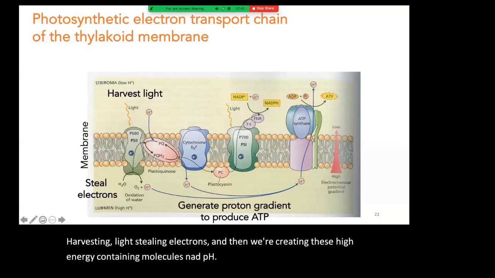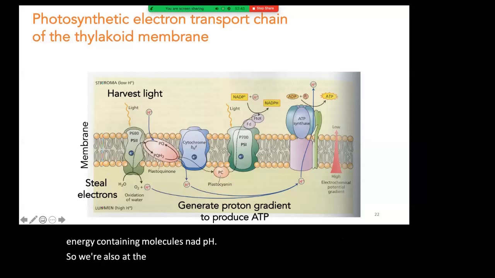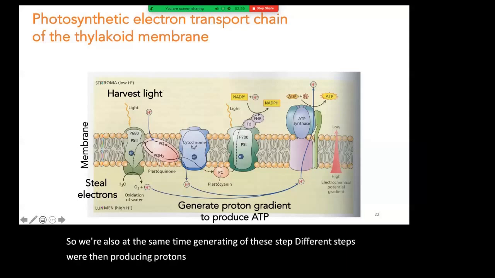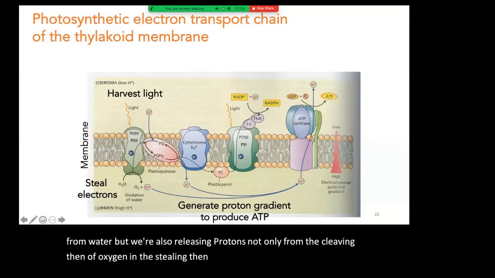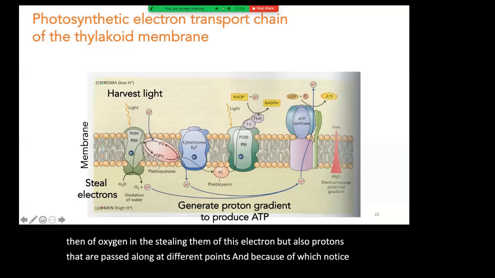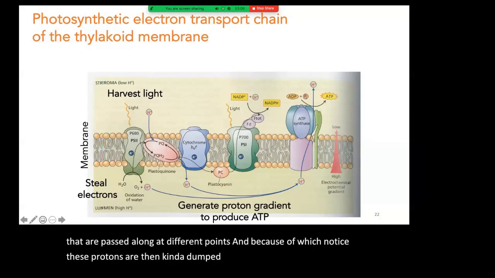So at the same time, at each of these different steps, we're also producing protons. Not only is an electron stolen from water, but we're also releasing protons, not only from the cleaving of oxygen and the stealing of this electron, but protons are also passed along at different points. Notice these protons are dumped within the lumen, the inside of one of these envelopes of the chloroplast.